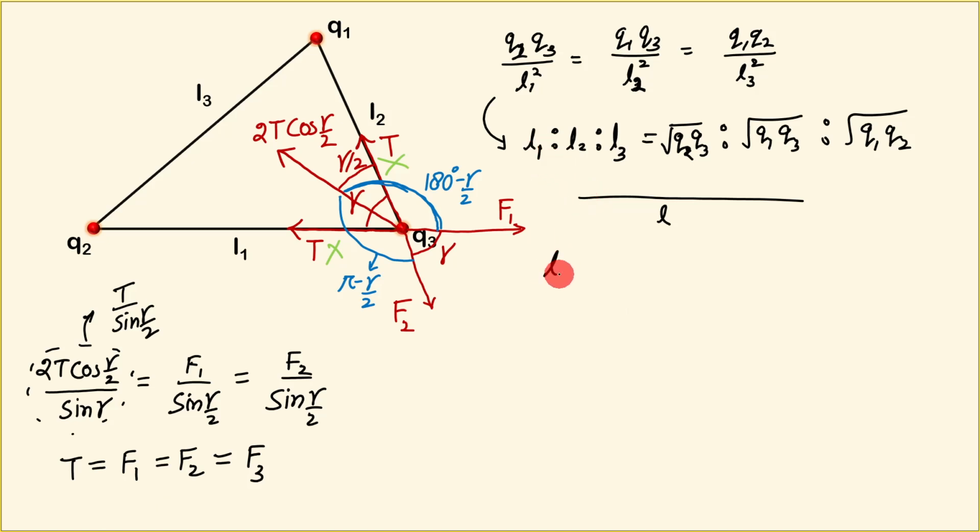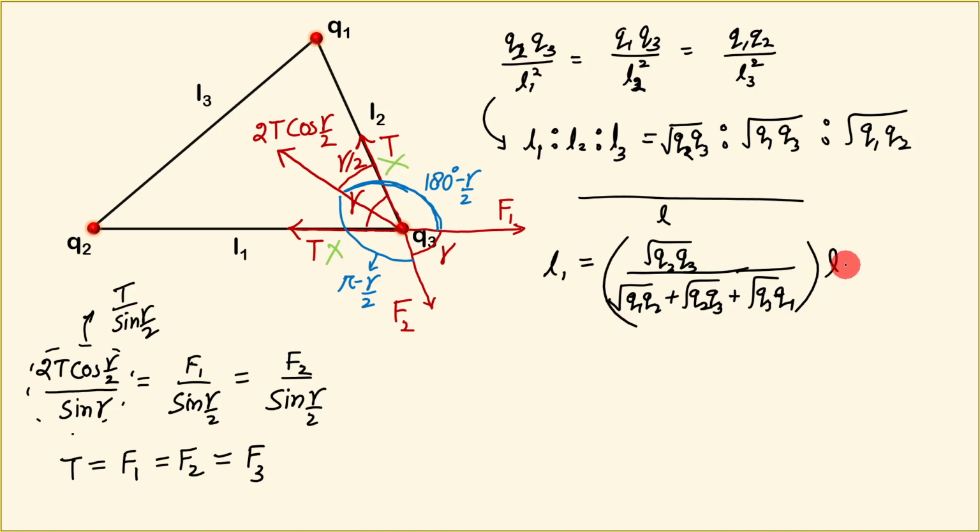If I want to determine the length L1 only, it will come out to be root of Q2 Q3 divided by the sum of the roots, root of Q1 Q2 plus root of Q2 Q3 plus root of Q3 Q1, multiplied by the total length L. In the same way we can write for L2 and L3 also. I'm not going to write it; it is self-evident that since you have determined the ratio, you can write the lengths also.